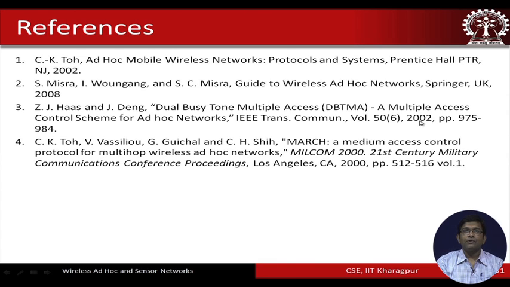If you want to understand this protocol in detail, you need to get a copy of this paper. The MARCH protocol was published in Milcom by Toh et al. in 2000. These are the two protocols that we have discussed in this second part of the MAC protocols for ad hoc networks lecture.